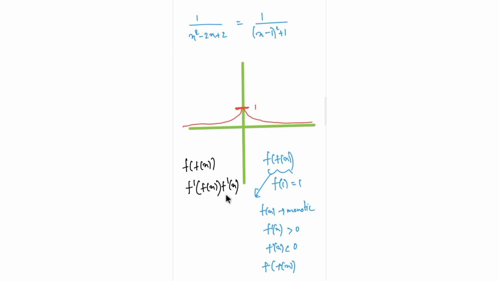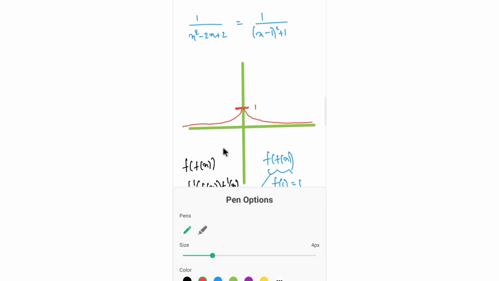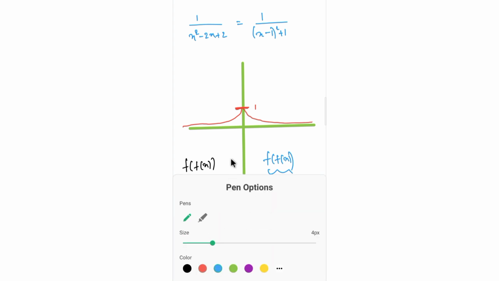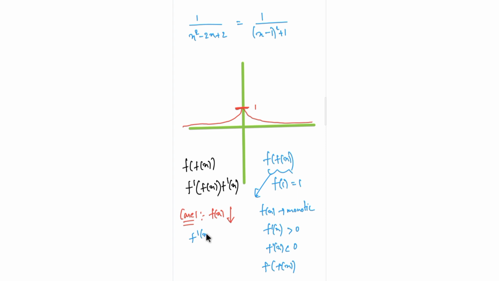Now if you see this, in case 1, if f of x is a decreasing function, then I would get f dash of x to be less than 0, and obviously f dash of f of x will also be less than 0, because it is a decreasing function and the same function we are using in a composite way.